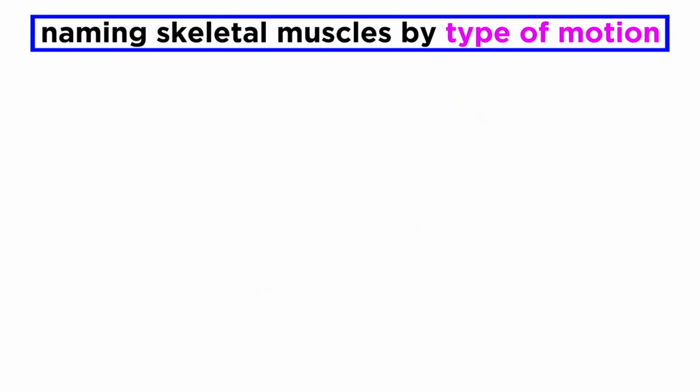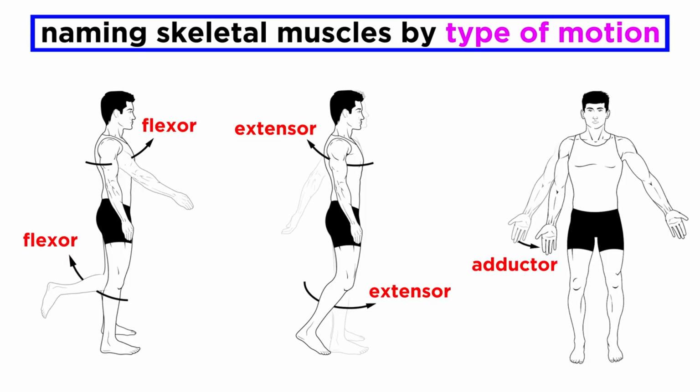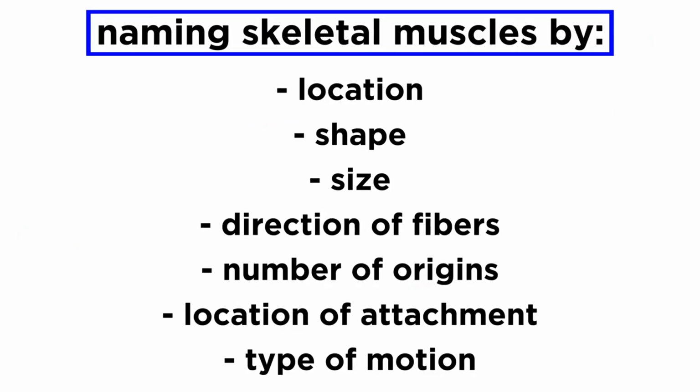And lastly, we can name muscles according to the type of motion they produce, like a flexor, extensor, or adductor. With these criteria understood, we should have a reasonable capacity to know something about the function of a muscle from its name.